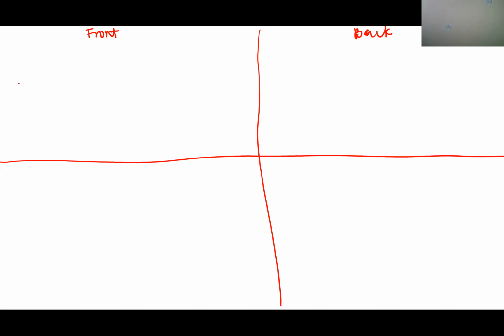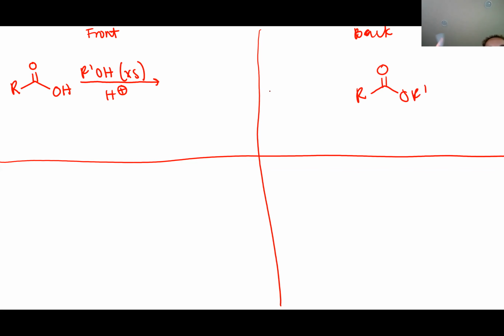So what I would do on one side is use something very general. This would suggest to you that you need to come up with the ester.